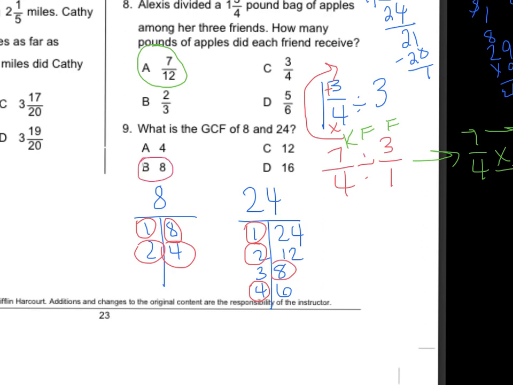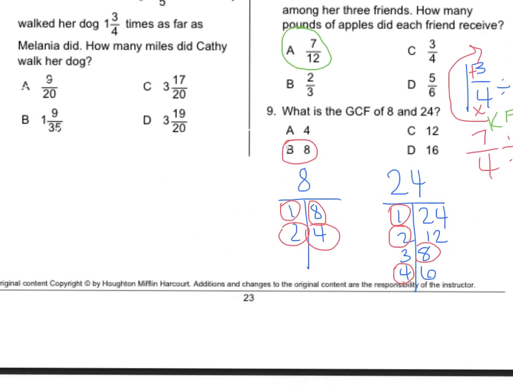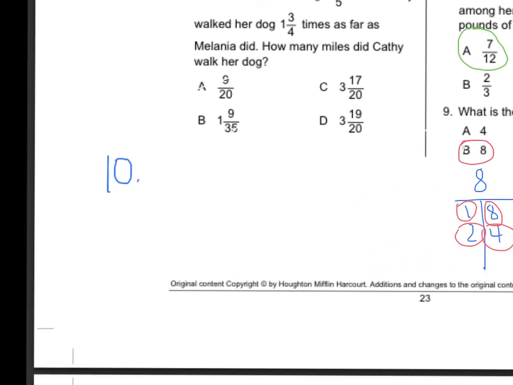Okay, number 10. You look at it, it said multiply the numbers represented by C and F. So C is about 3/4. F is about 3.5.